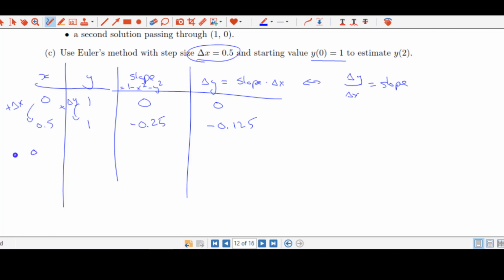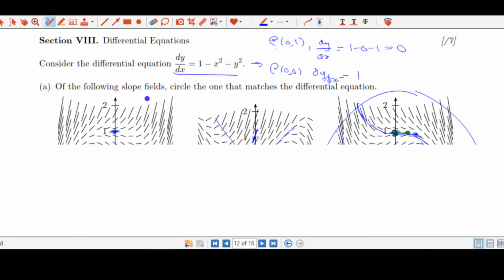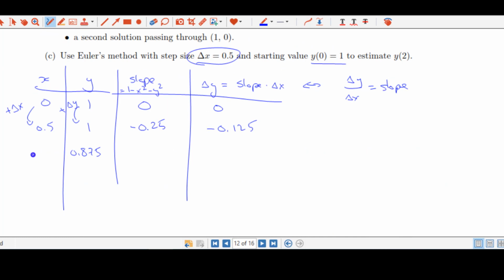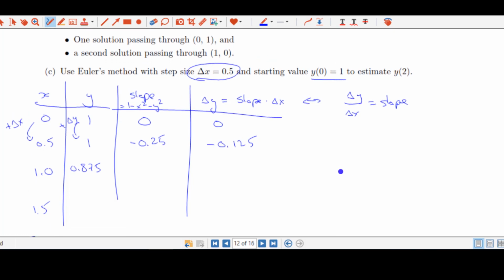And then we do the same thing again. We add that delta y to our y value. So we'll have 0.875. Our x always goes up by 0.5, so we're at 1. In fact, I'm just going to fill these in. We always know the x step. Then we go back to the next one. Here we have x and y. We have 1 minus x squared. It's going to cancel.